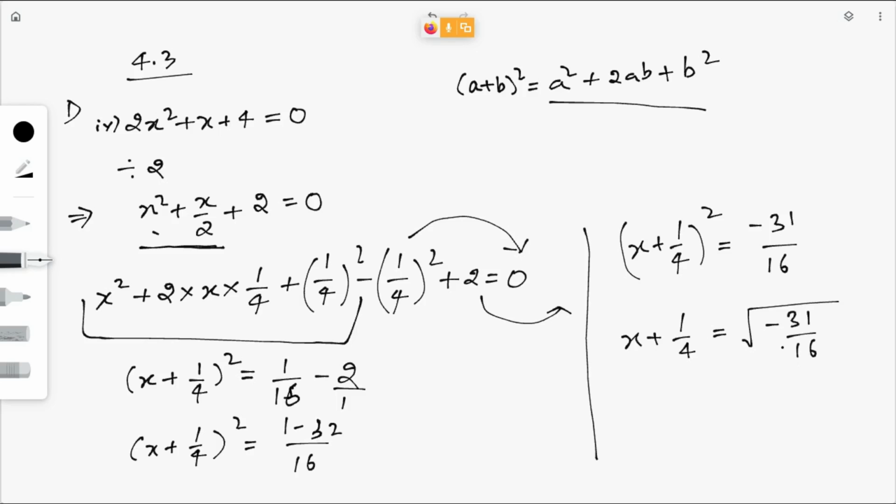Actually, the root of a negative number is not defined, or it does not exist, right? So how do you conclude this for the given equation?